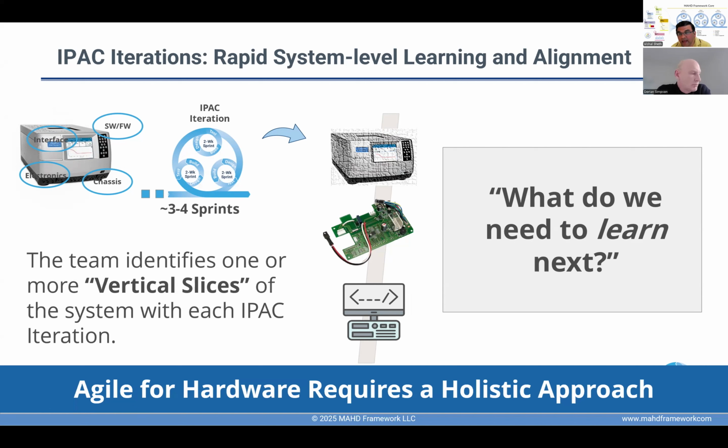If you wanted to validate whether you have the right interface functions, as an example, you might have a vertical slice of a partially working PCB, some early firmware and software, but no chassis. And then every discipline works through their portion during the sprints while collaborating across disciplines to hit that vertical slice milestone or goal.